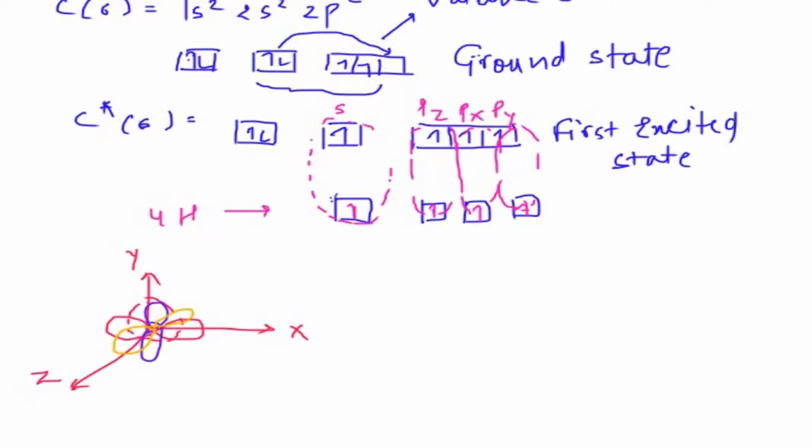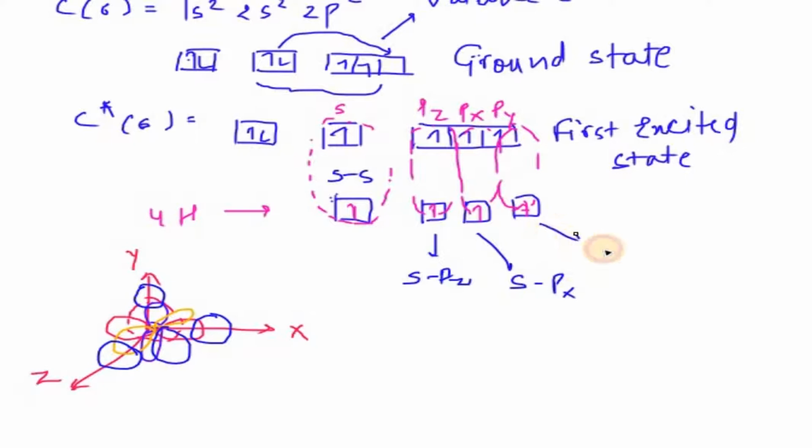Now we have all the identical hydrogen s orbitals. One s is going to combine over here, one over here, one over here, and one s is forming a bond with the carbon s. So actually we have 4 types of bonds: this is s-s overlapping, this is s-pz overlapping, this is s-px overlapping, and this is s-py overlapping. So these types of overlapping we have.